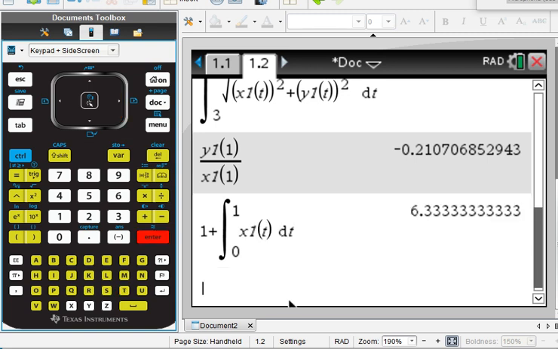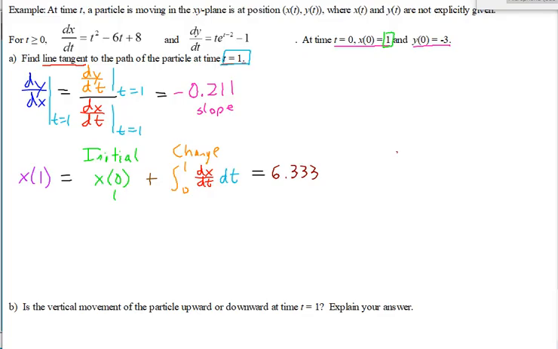And now let's go ahead and set up the initial plus change for the y coordinate. So for y of 1, the initial would be again y of 0, which we're told is negative 3 right here, plus the change, again would be from 0, our initial, so we're looking forward to time 1, time is a change from 0 to 1, dy dt.